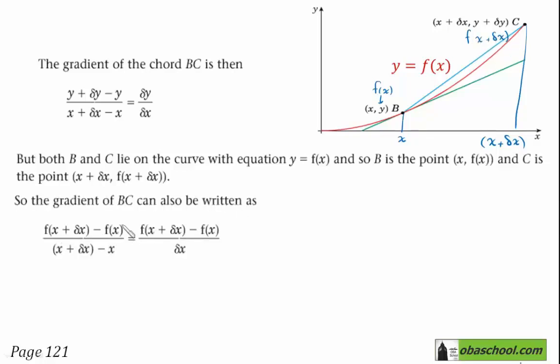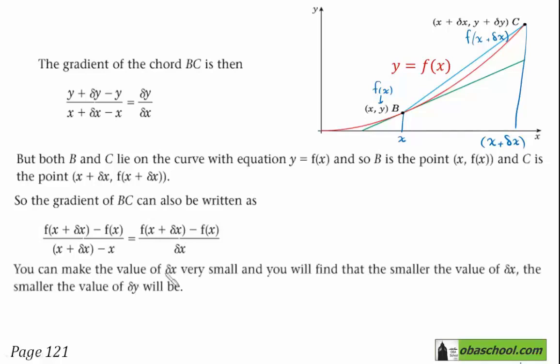So the gradient of BC can also be written as follows: f of x plus delta x minus f of x, divided by delta x. This is the general form that we are going to use later on, or in other videos.